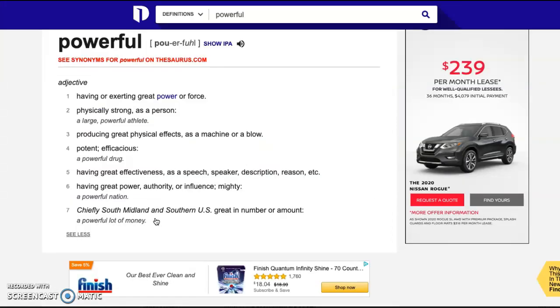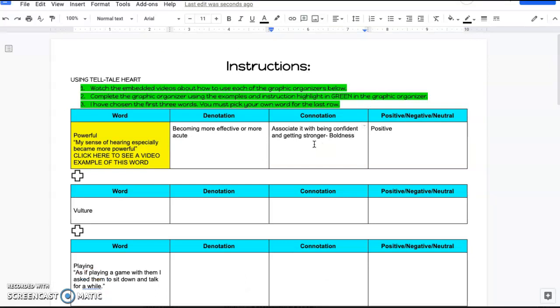Make sure you read through and pick out the definition that makes the most sense. Don't always just look up here at the top, right? And then connotation is how you associate with the word. So in my particular case, the way he's using it, I associate with being confident, getting stronger, some type of boldness. And then tell me whether or not the way it was used in the text was positive or negative. Usually the way you associate it will reflect the positive or negative aspect of it.